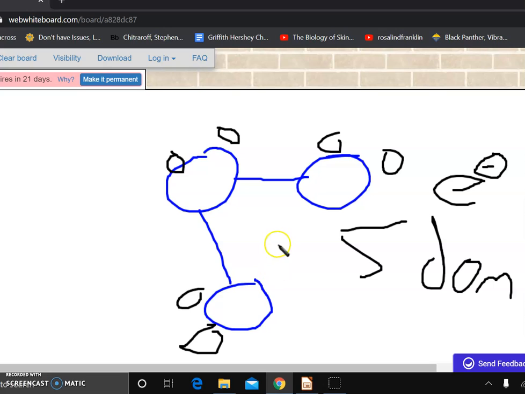So we count the pairs of electrons as 1, a bond is 1, and so on. So it'd be 1, 2, 3, 4, 5.